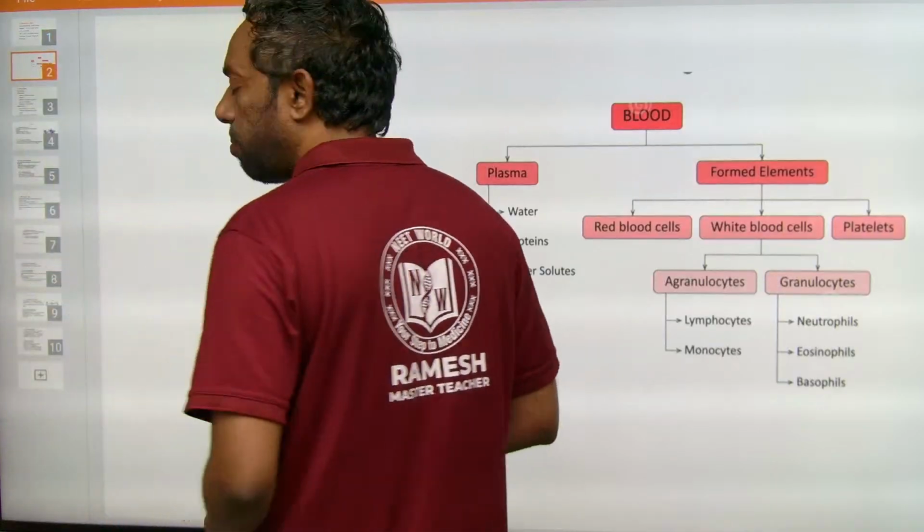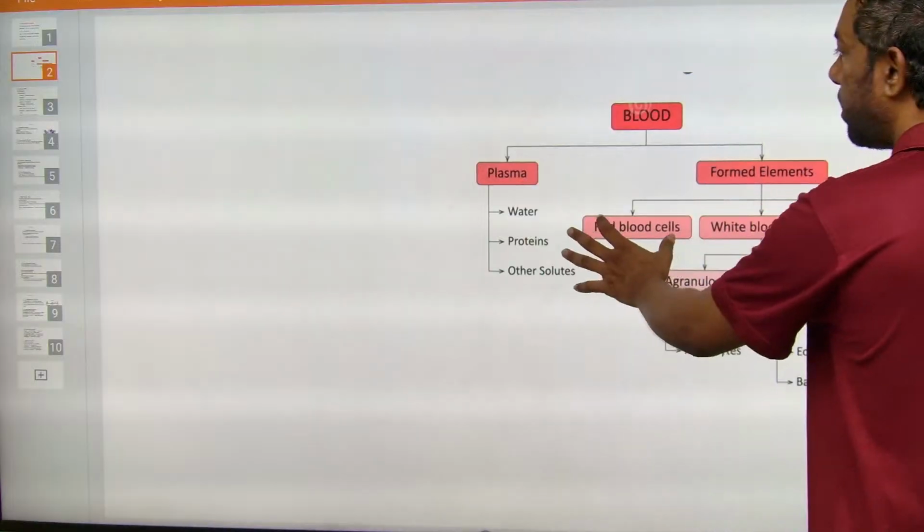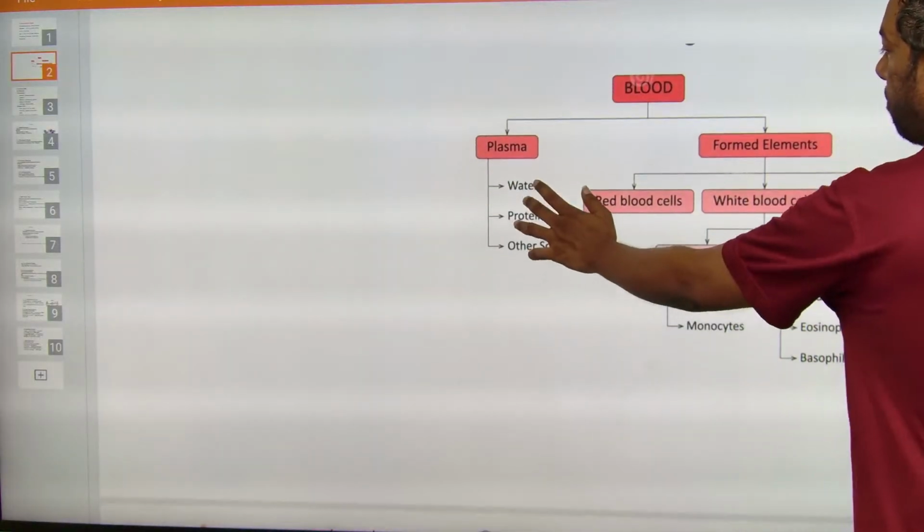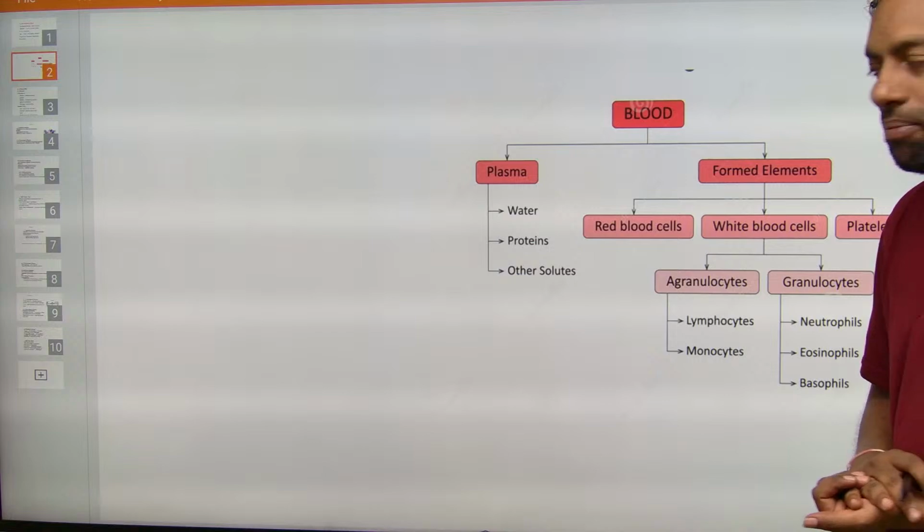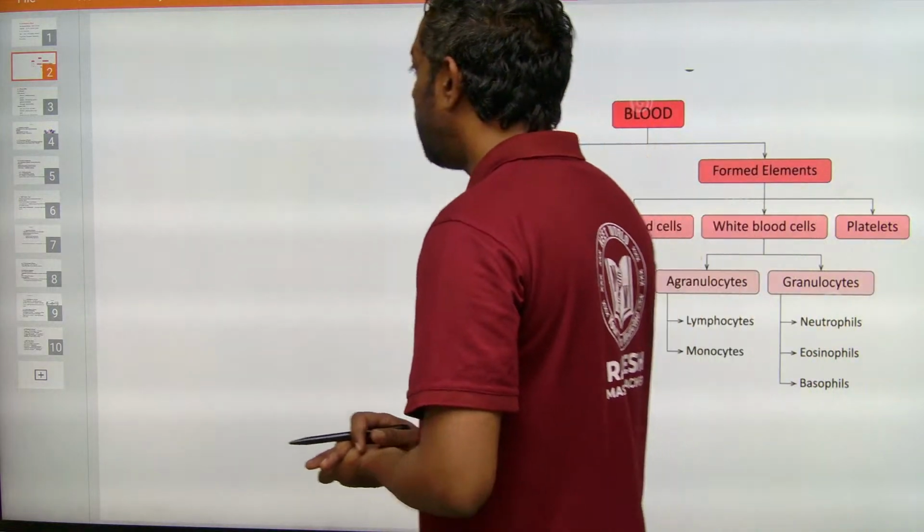Now the composition of blood. Yeah guys, just look here. Blood composition is mainly the plasma and formed elements.